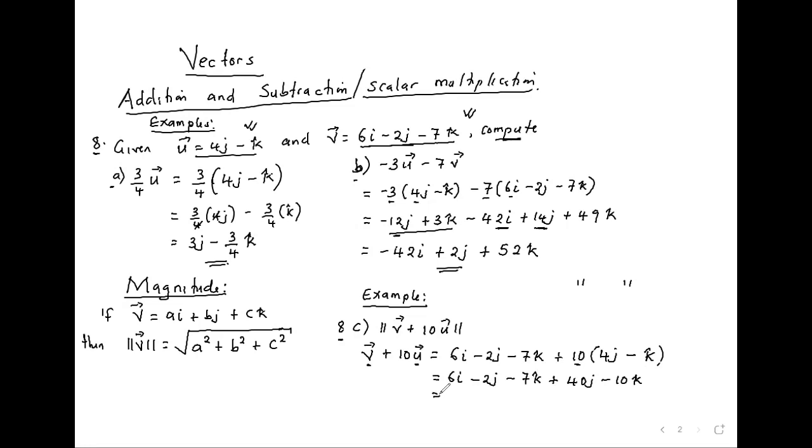And then we put together those components: 6i; negative 2j plus 40j, we get 38j; negative 7k minus 10k, we get negative 17k.